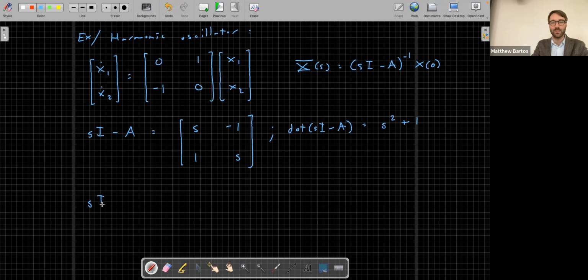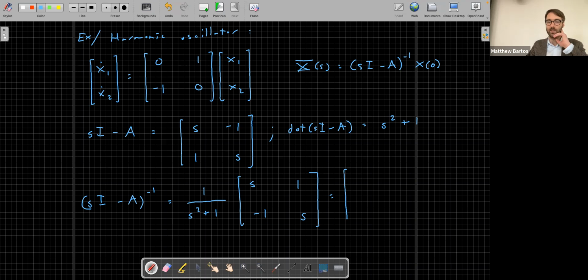Okay, so the inverse of sI minus A will be equal to 1 over the determinant, so that's 1 over s squared plus 1. And then how do we compute the inverse of a 2 by 2 matrix? We just switch the diagonal elements and then multiply the anti-diagonal by -1. So it'll be s in the diagonal and then 1, -1 in the anti-diagonal.